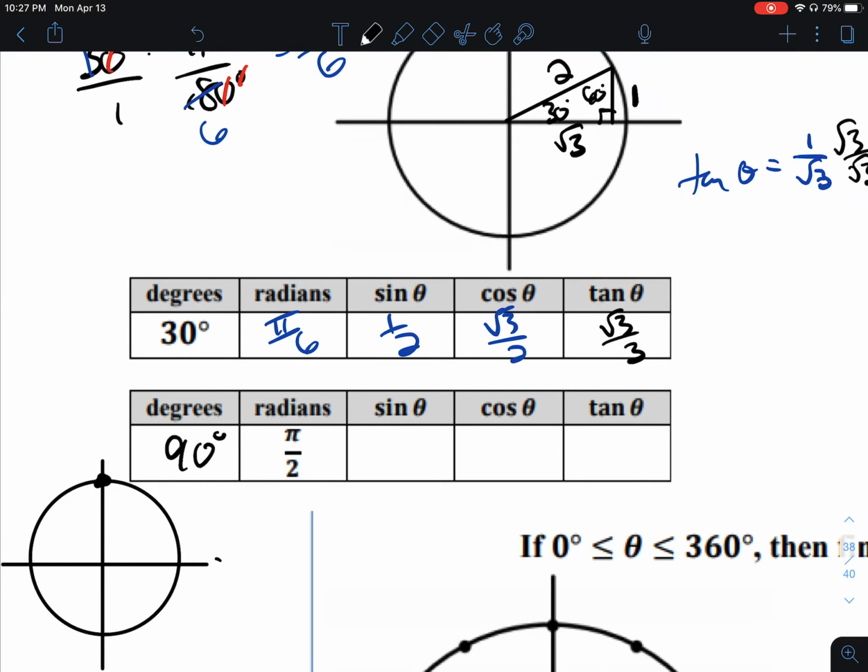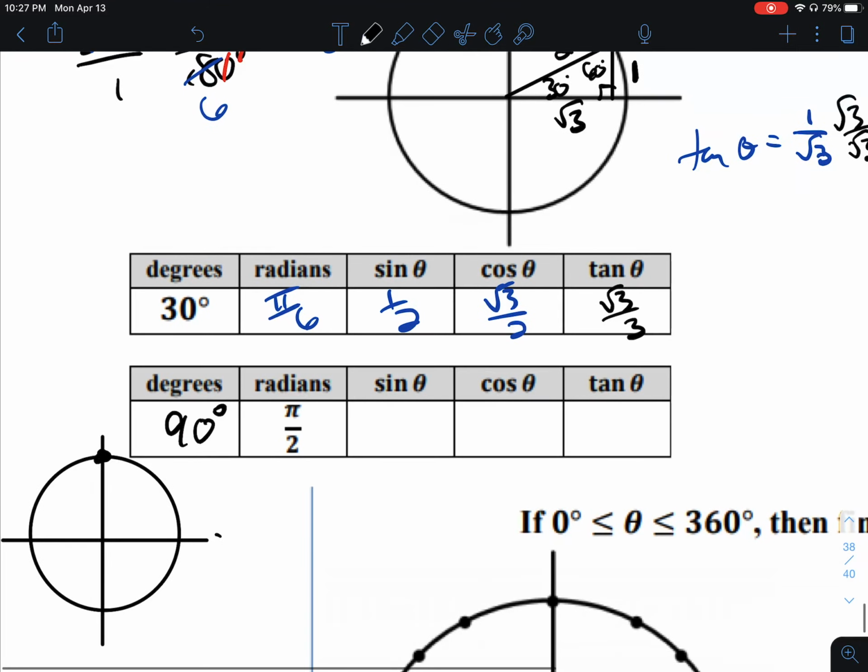So the degrees here is 90. We don't have to do much work for that because we know it's on the positive y-axis. So what's x on the positive y-axis? 0. What's y? I can choose it to be whatever I want because this circle could be as big as I want. I like to choose 1. R has to also be 1 because r is the radius of the circle and y is the distance from the center to the circle vertically. So those both have to be the same thing.